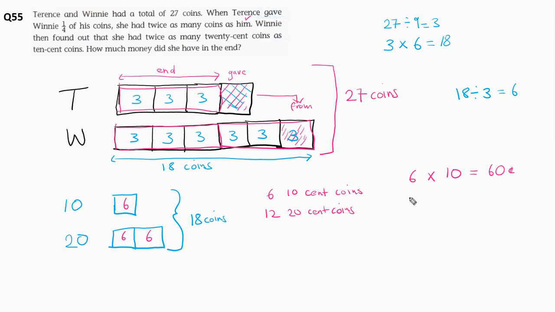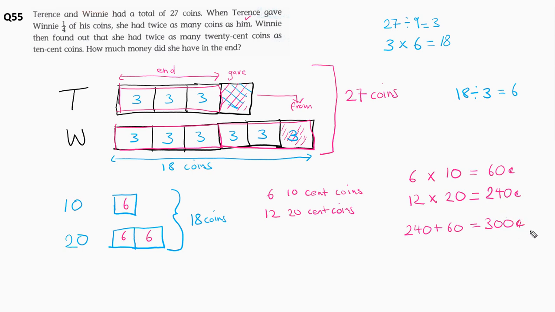So we're doing 12 times 20, that is 240 cents. Then we need to add 240 plus 60 equals 300, and that's 300 cents.